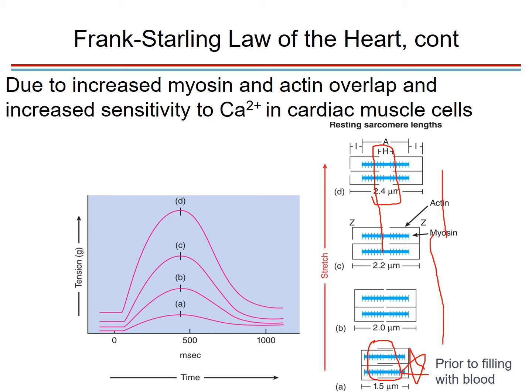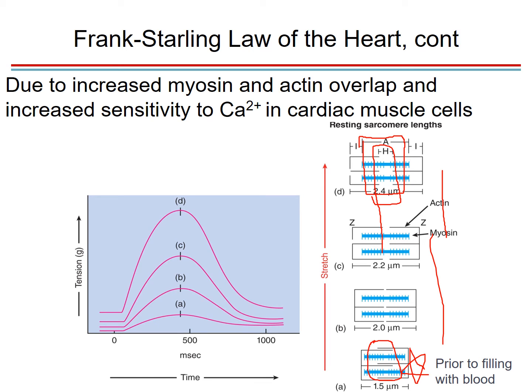Okay, so as the ventricles fill with blood, the myocardium stretches, so actin overlaps with myosin only at the A bands. And so here in this picture, this is where it has the largest amount of tension. And so this increases the number of interactions between actin and myosin, and so increases the force of contraction.